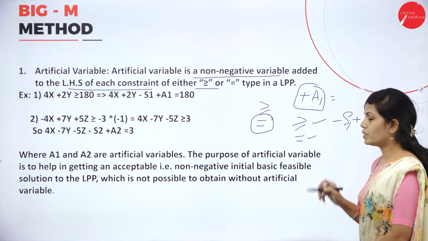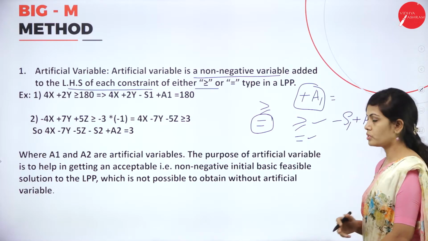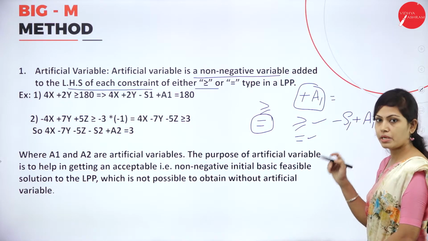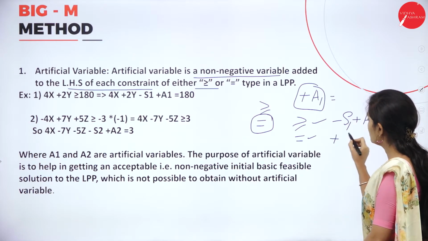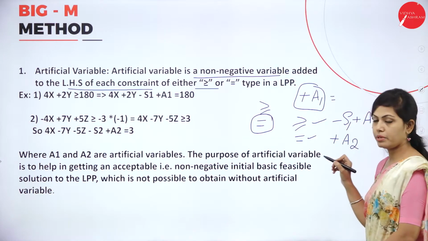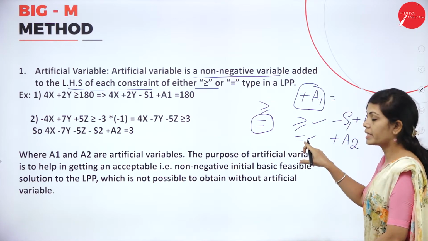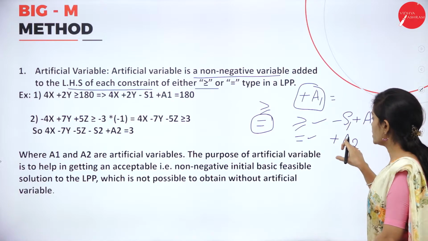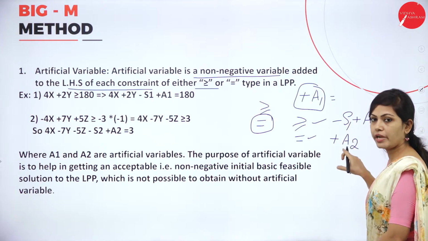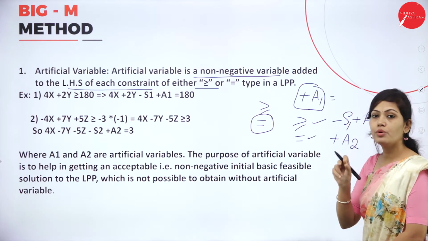And if you get an equal sign, you just add the artificial variable. You are not supposed to subtract the surplus variable when it is of equal type.